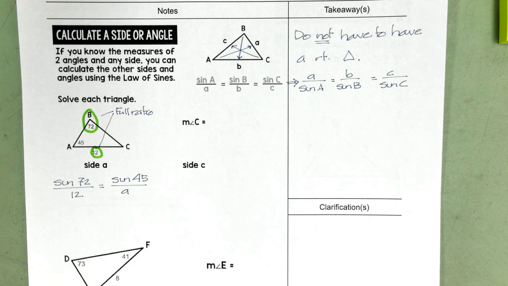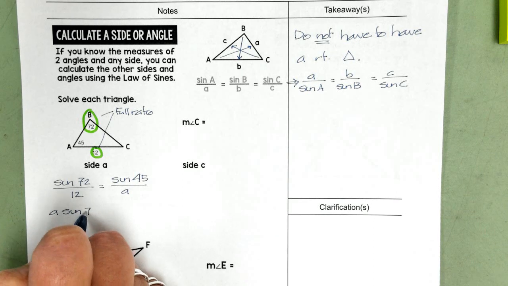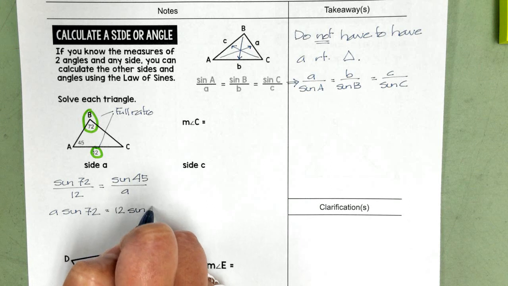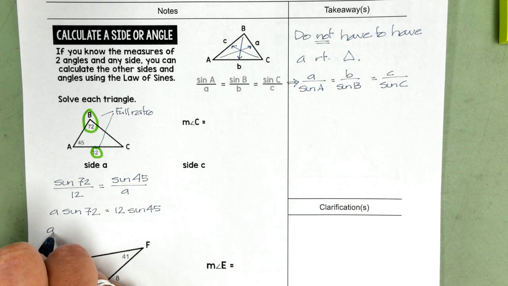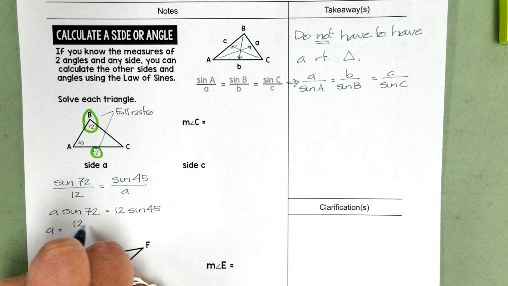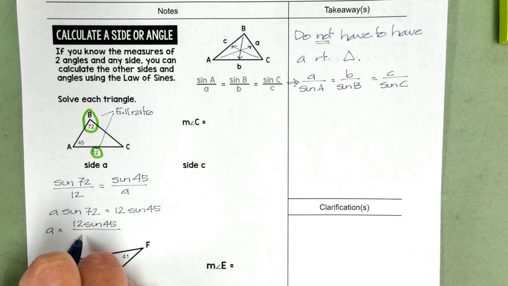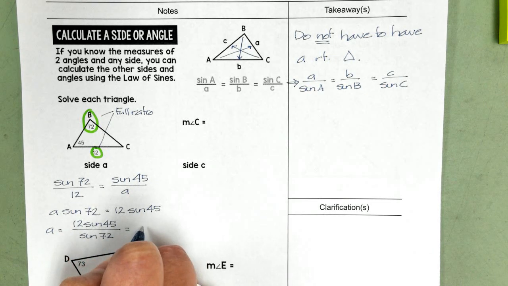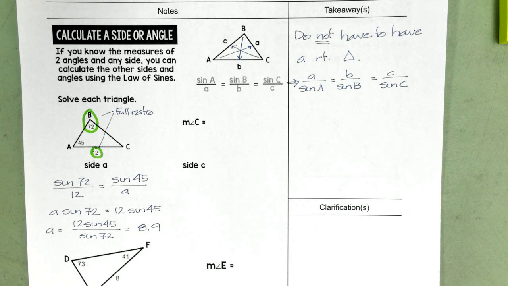In this case, you're going to cross multiply, so you have a sine of 72 equals 12 sine of 45, which means a is going to equal 12 times the sine of 45 divided by the sine of 72, which gives you a side of 8.9, rounding to the nearest tenth.